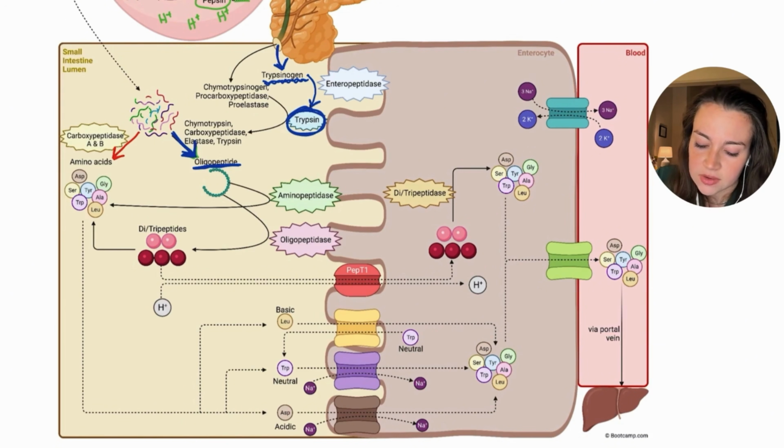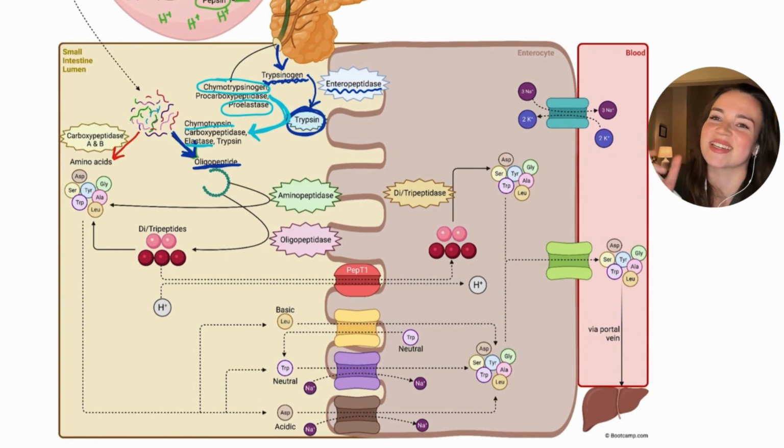It's going to be activated by this enzyme enteropeptidase. Once trypsin is activated, it is going to go on and activate all of the other endopeptidase and exopeptidase zymogens. So other endopeptidase zymogens include chymotrypsinogen, which will be activated into chymotrypsin, proelastase, which will be activated into elastase.